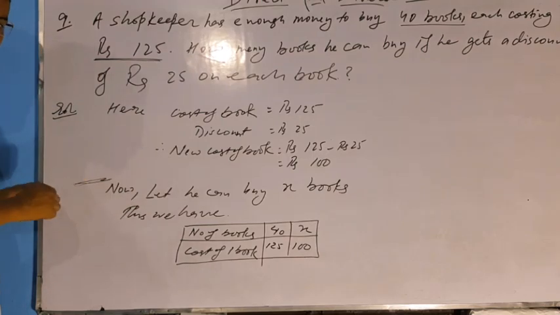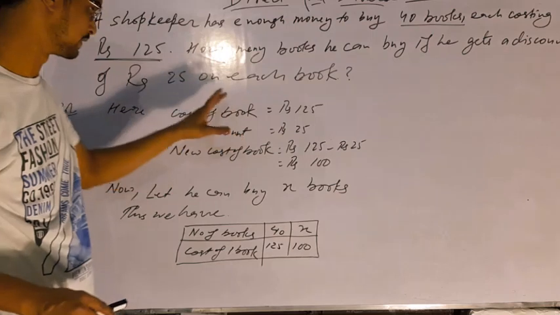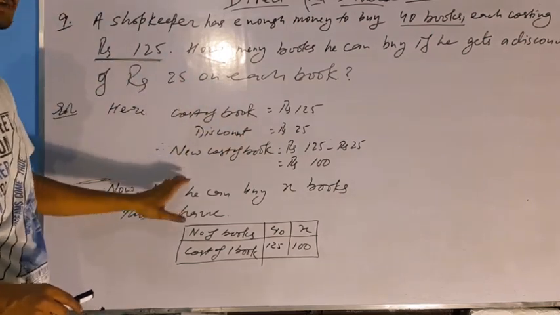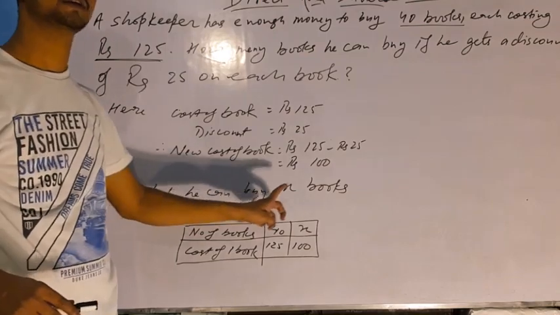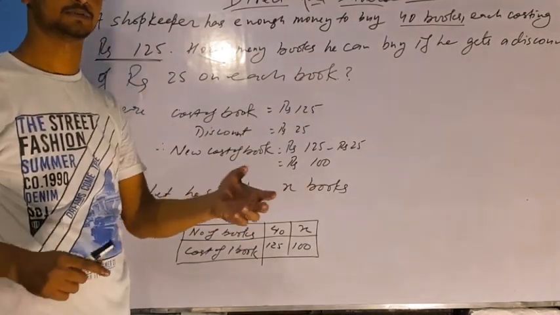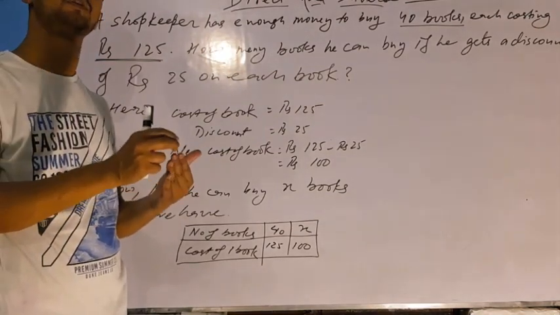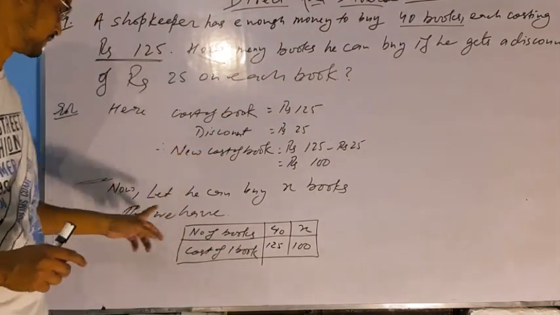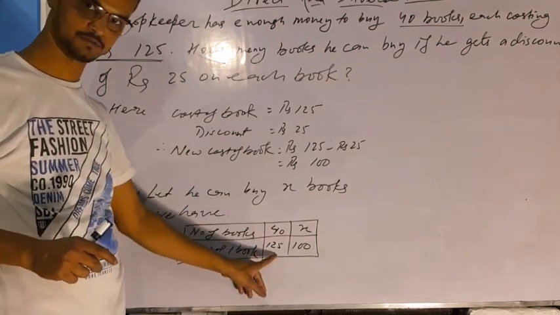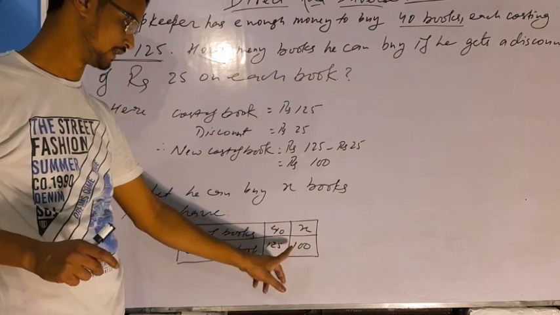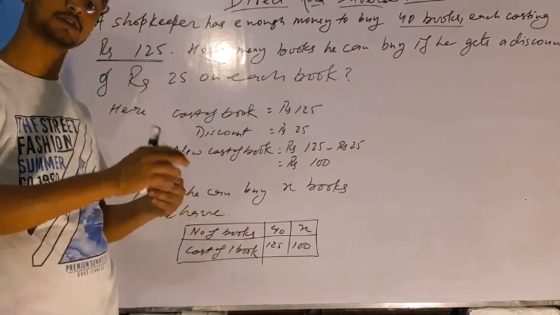Let him buy x books, and the price is 125 minus 25. Or you can write, let the number of books bought be x. Thus we have number of books 40 and cost of one book 125, number of books x and cost 125 minus 25.